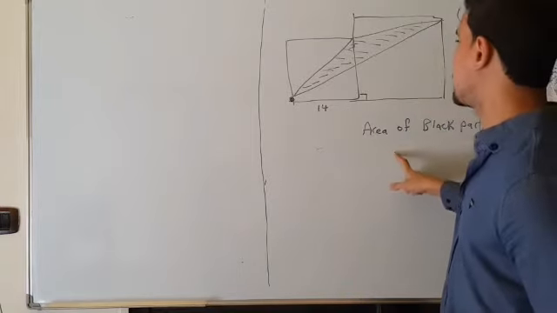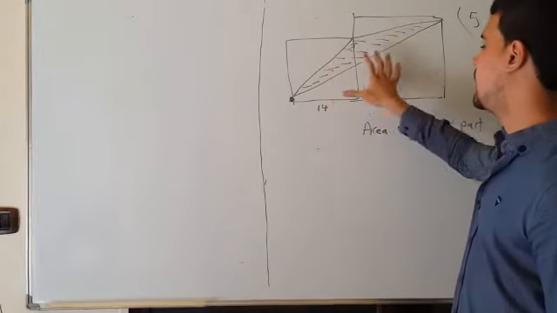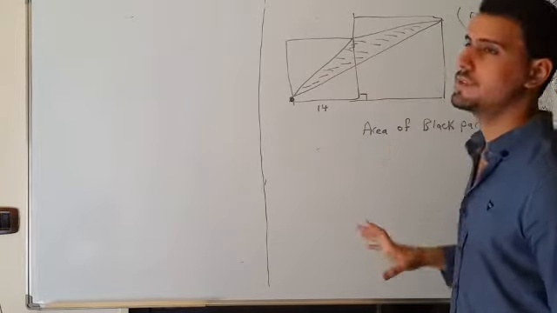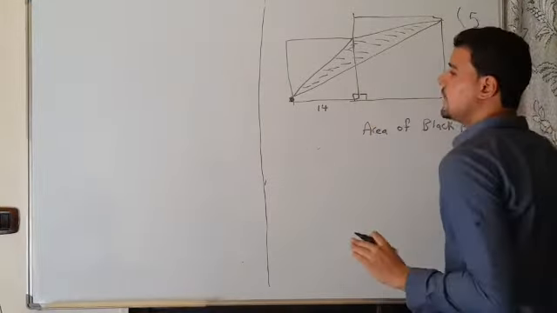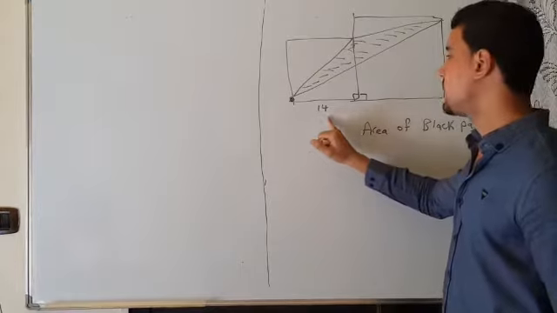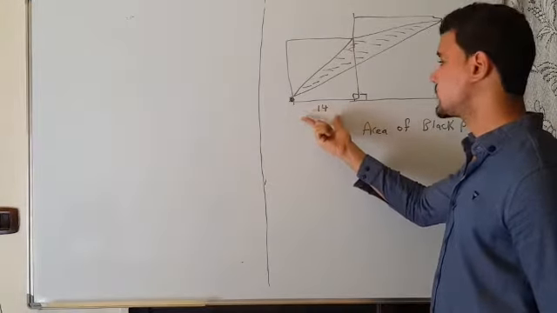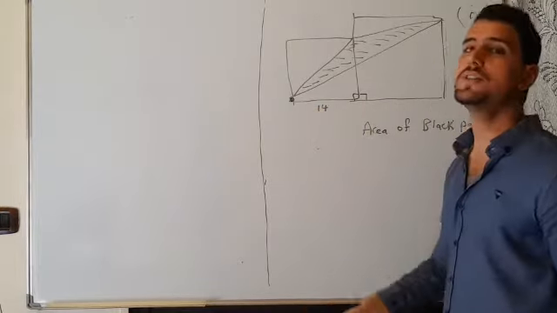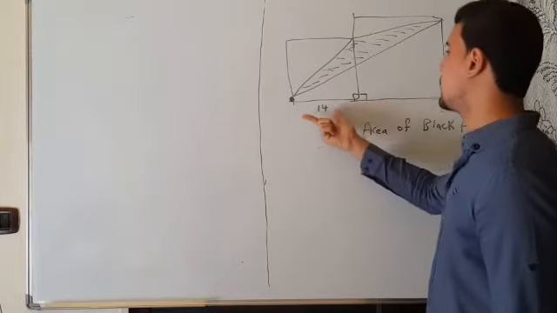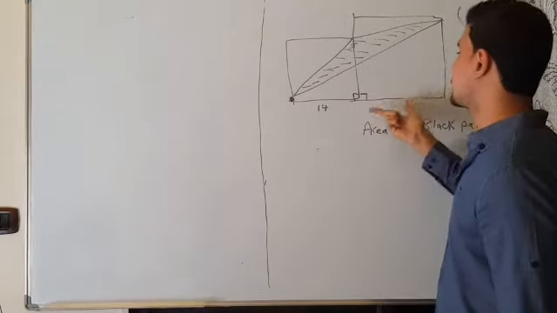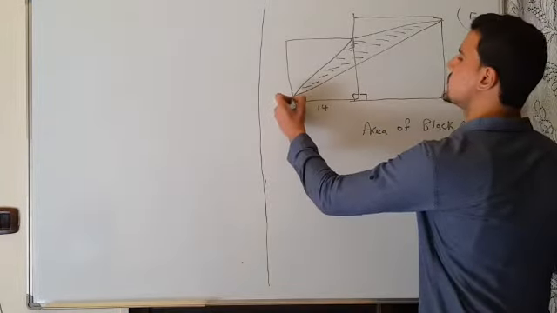It's also about calculating the area of a certain part of a figure. Now let's talk about the figure we have over here. It has a square with a side of 14, and another square of a side that I don't know, adjacent to the first one.